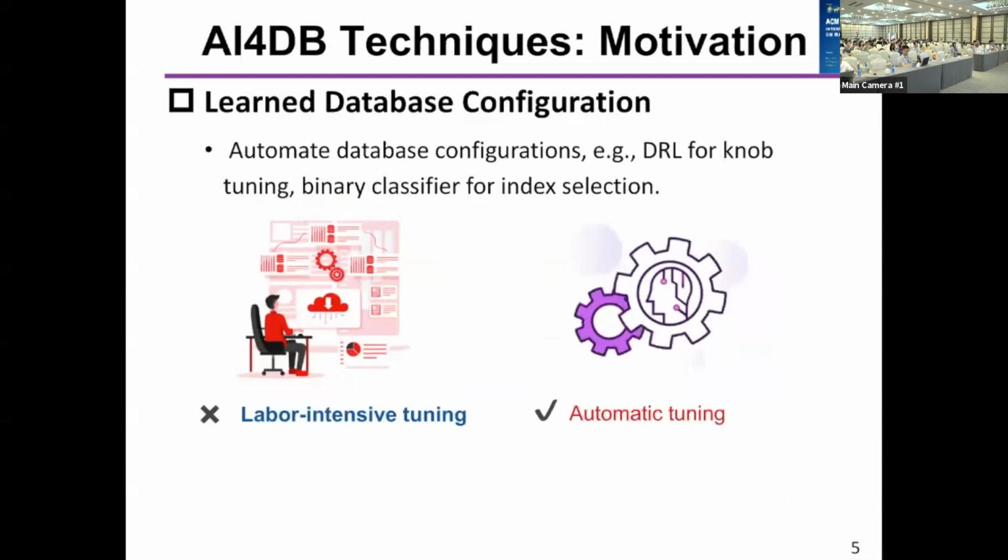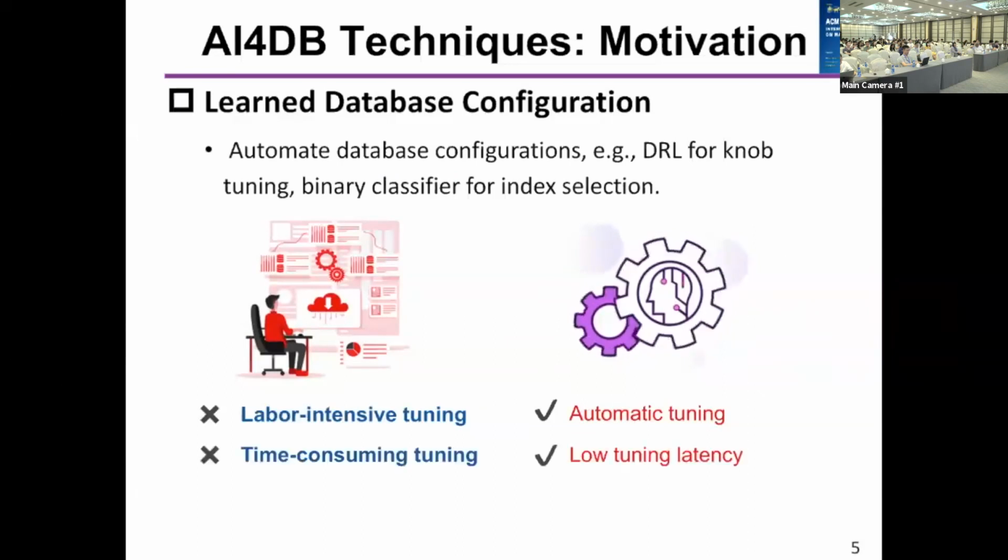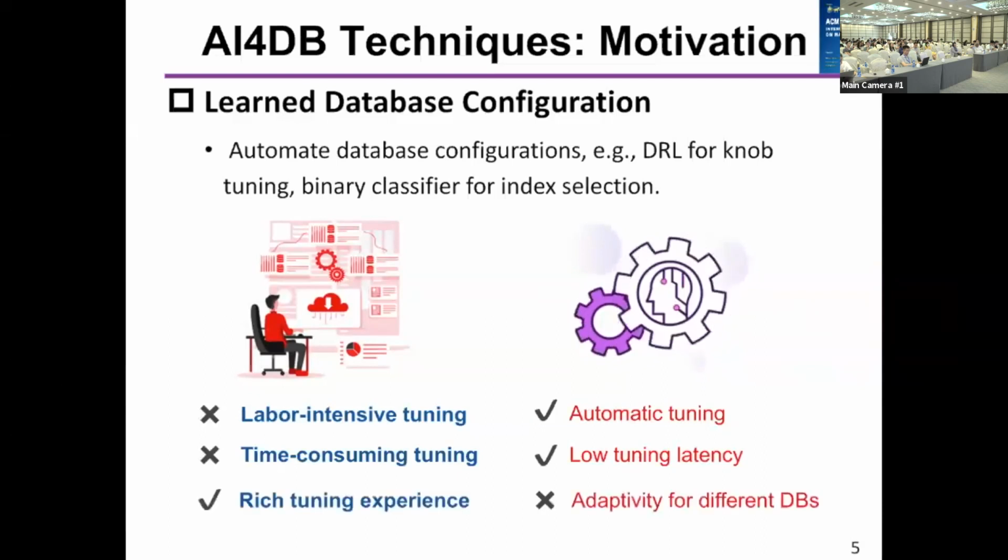However, traditional methods are very labor-intensive, relying on database administrators to tune the database. So it's very promising to apply automatic tuning methods. Second, traditional tuning is very time-consuming. It usually takes weeks or days to tune the database. So we can utilize learning-based techniques to reduce the tuning latency.